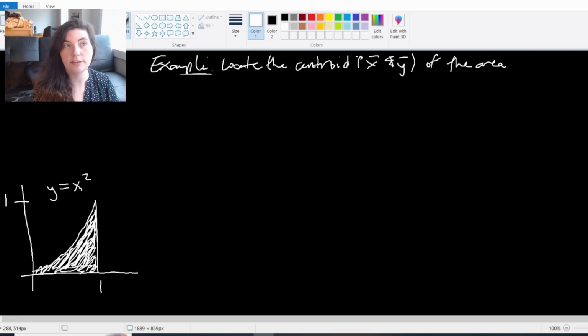So again, my first step is that I have to choose the differential. And I have two options here, right? I can slice it horizontally, or I can slice it vertically. I have these two options. So let's take a look at each of those and how those change the integral setup that I'm doing.